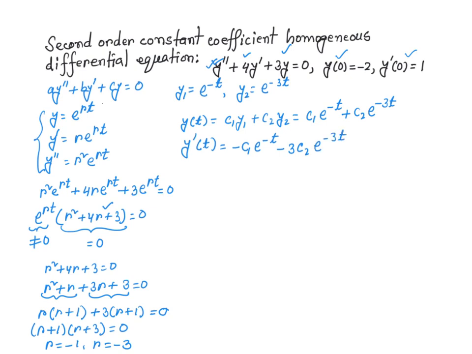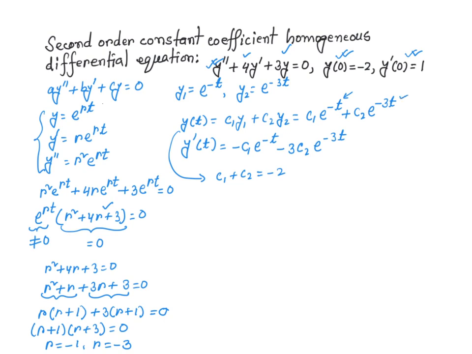And now, in order to find the constants c1 and c2, I'm going to use this condition and this condition. If I apply the first condition to y of t, I'm going to get c1 plus c2 is equal to negative 2, because e to the power negative t is going to be e to the power 0, which is 1.